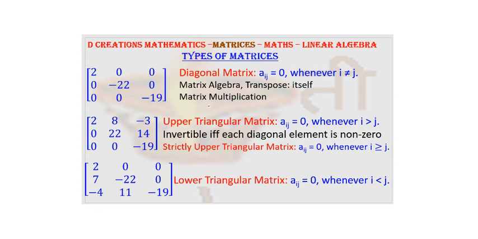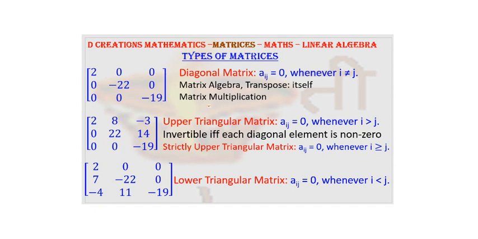Can you look at it and tell me what the transpose would be? I hope you recollect the concept of transpose where the rows and columns are interchanged. Well, here, if all the rows and columns are interchanged, what will you get? Correct, the matrix itself. So the transpose is itself.